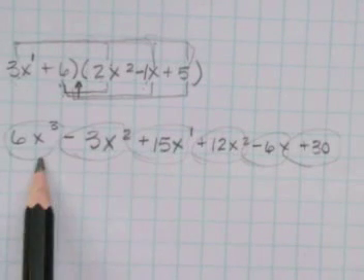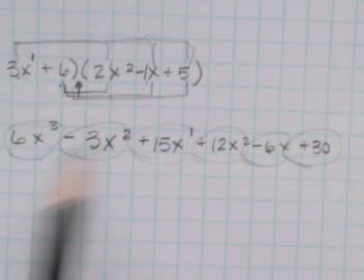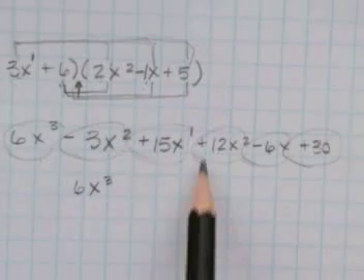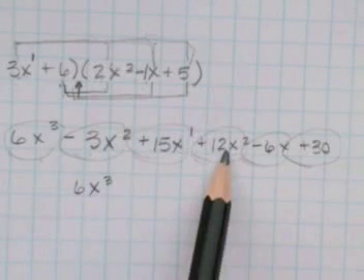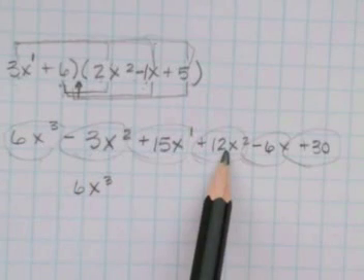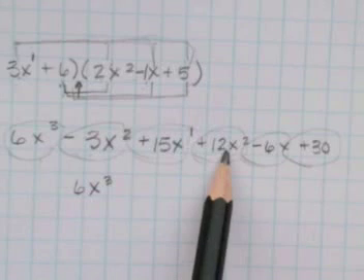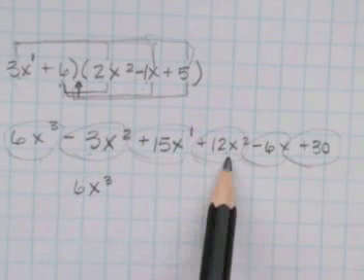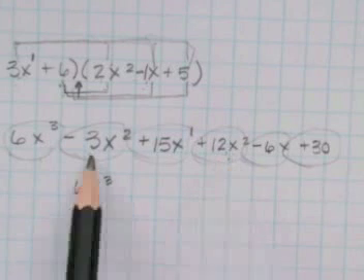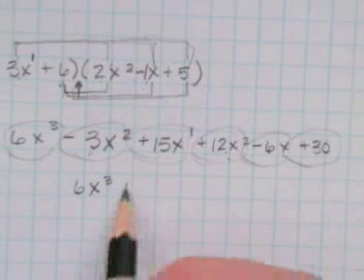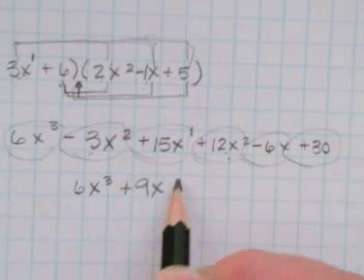I don't see any other x to the third, so we would just copy this down. But I do see negative 3x squared plus 12x squared. And now I'm adding, so I'm going to add and subtract the coefficients and leave the exponents alone. So this becomes 9x squared.